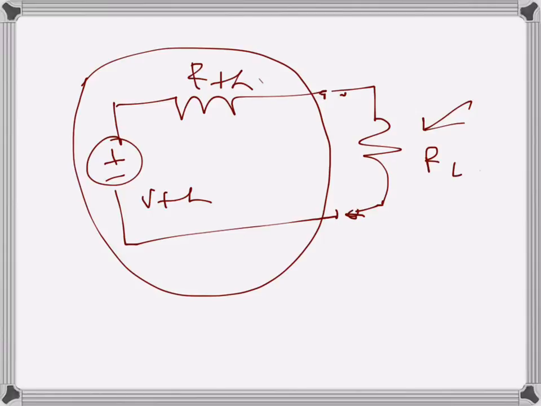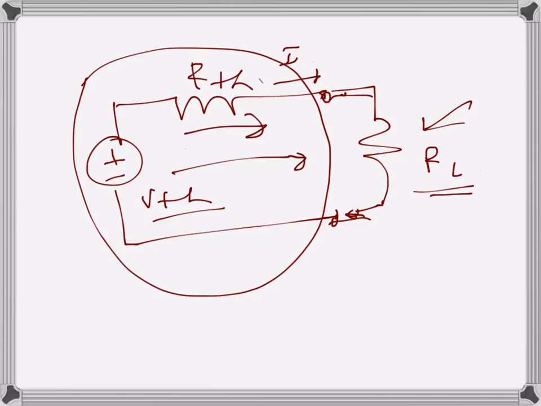When it is not connected, the voltage available here is V Thevenin, because that's the open circuit voltage. But once it is connected, there is a flow of current and there will be an internal drop. So the voltage across the load is V Thevenin minus I times R Thevenin, if the current is I. That's the drop as given by Ohm's law across the resistance.